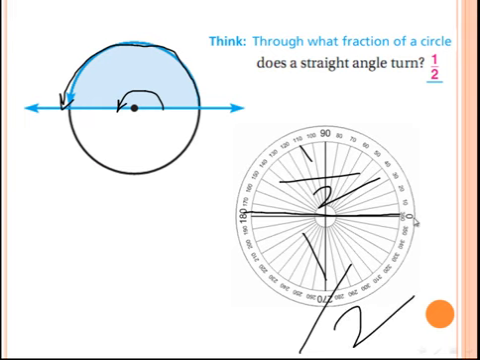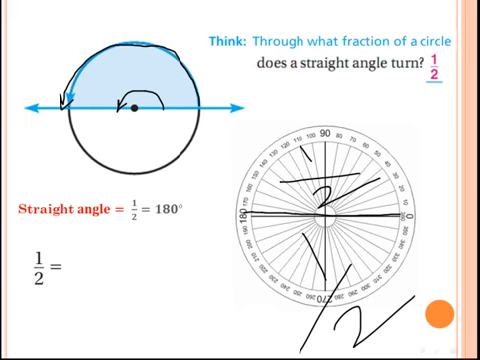Let's count how many degrees inside 1/2. 0, 10, 20, 30, 40, 50, 60, 70, 80, 90, 100, 110, 120, 130, 140, 150, 160, 170, 180. So 1/2 equals 180 degrees. Of course, a straight angle equals 1/2 of a circle, which equals 180 degrees. This is the visualizing way.